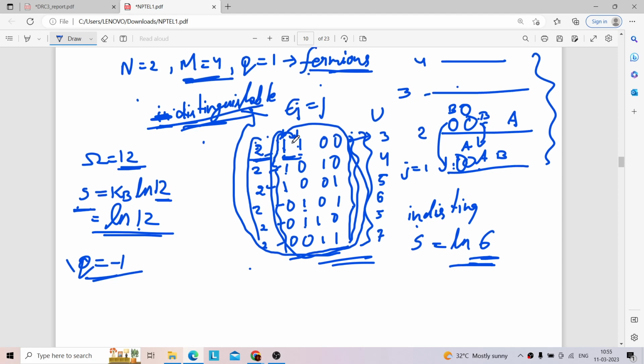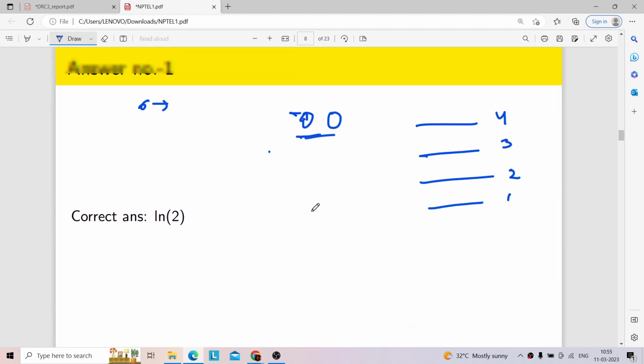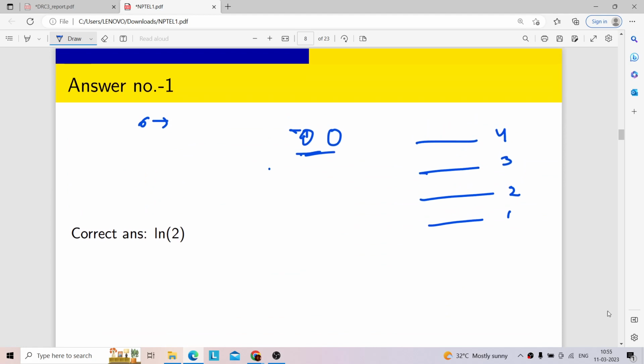If I try to arrange them with a single particle in each state, we will have six energy states. Now put two particles in one state. How many will we get? We will have configurations like 2 0 0 0, 0 2 0 0, 0 0 2 0, 0 0 0 2.